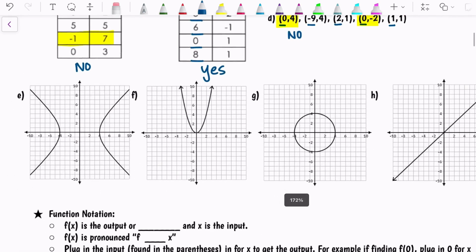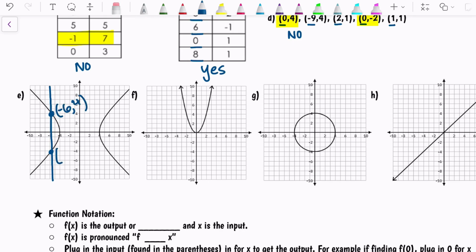When we look at graphs, we look to see if they pass the vertical line test or not, and what that is: if I can draw a vertical line through the graph and it crosses more than once, it's not a function. And the reason for this is, if I were to draw 2 points here, they would have the same x value. This is -6, 4, and down here, this is -6, -4, and so the x value repeats with a different y, and so it's not a function.